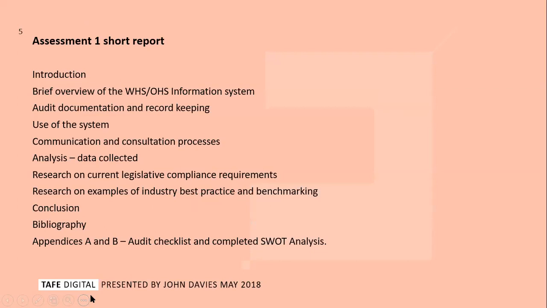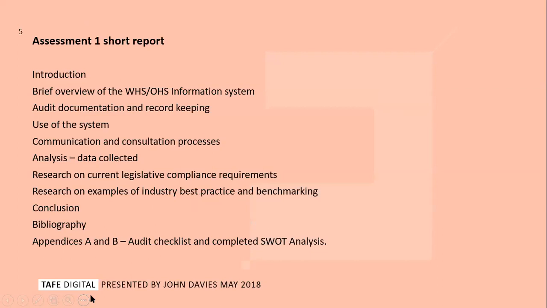Then we move on to researching and providing current legislation that covers this area of having an information system. And finally, researching industry best practice.